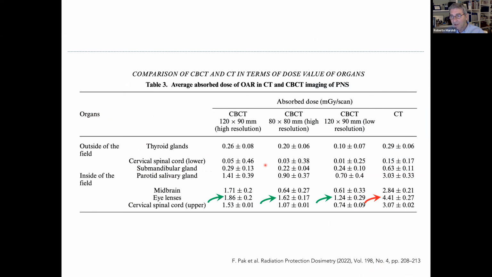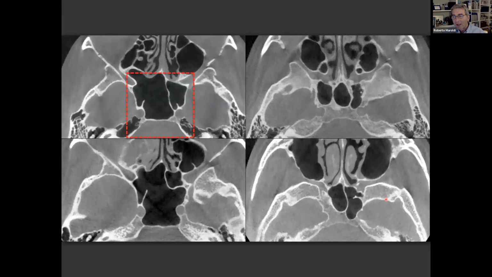And the advantage is related to the exposure, which is definitely lower with the cone beam approach, even if you are using high resolution or a very small field of view, and it is approximately at least 3 times lower than the one that you deliver with CT.